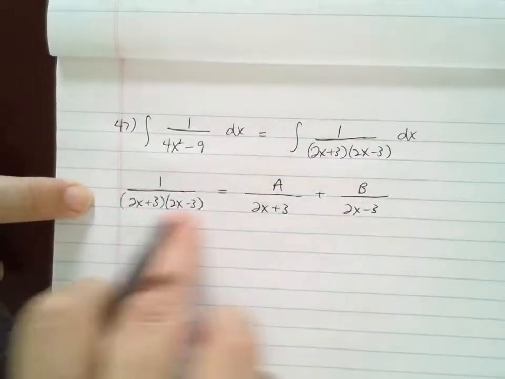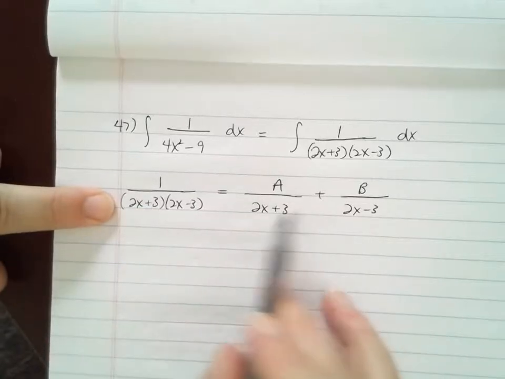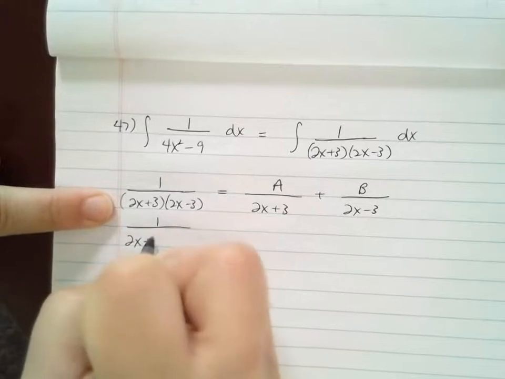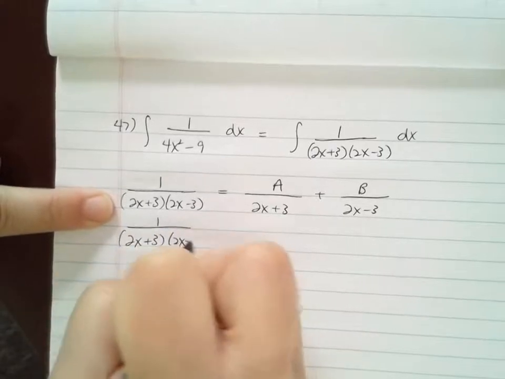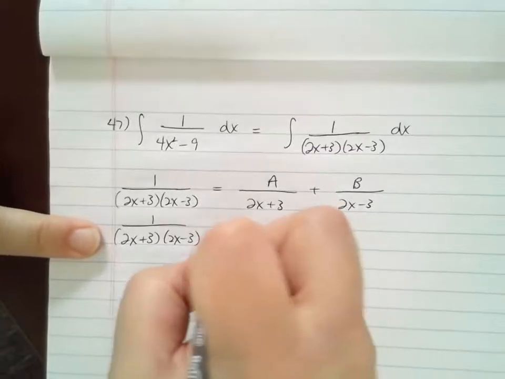If I want to solve this, going back to algebra 2, then I need a common denominator over here, which would be the 2x plus 3 times the 2x minus 3.